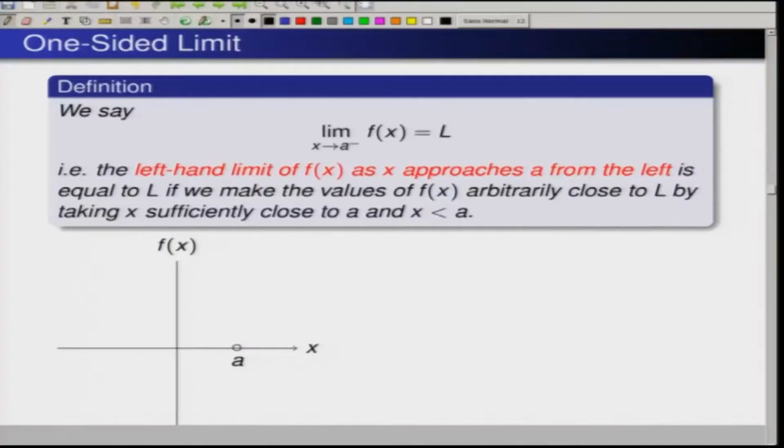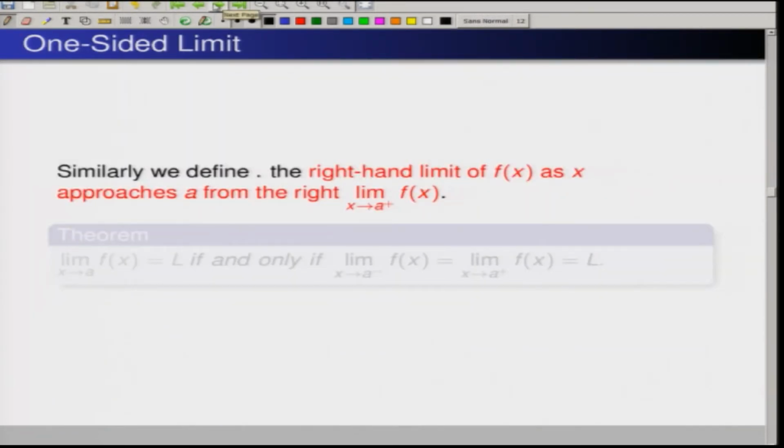For example, here if you look, this is your a, and the red line indicates that x approaches a minus, that is from the left. This is the left hand limit. We can define the right hand limit in the same fashion.